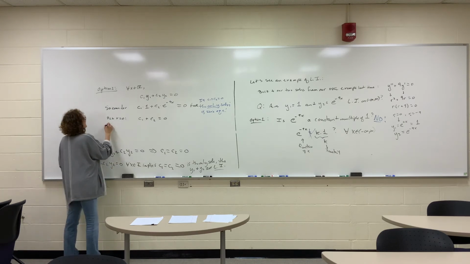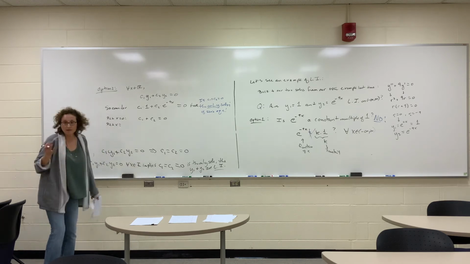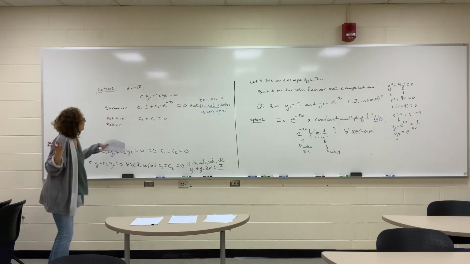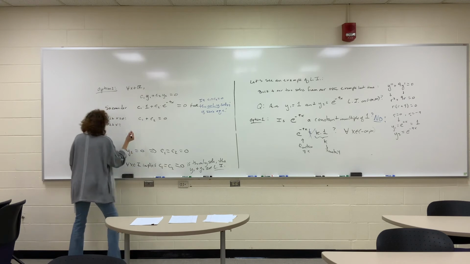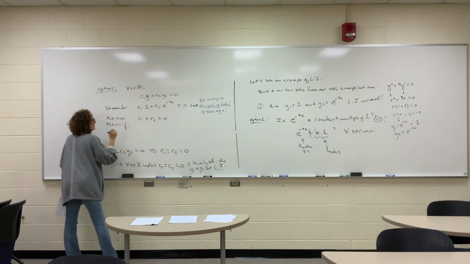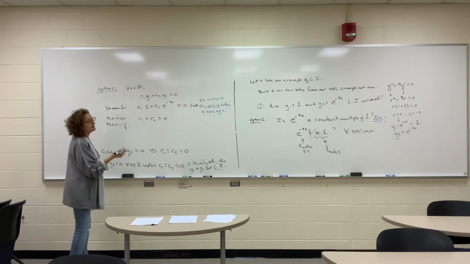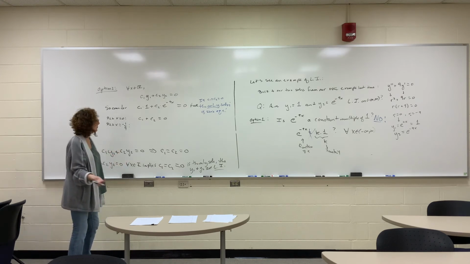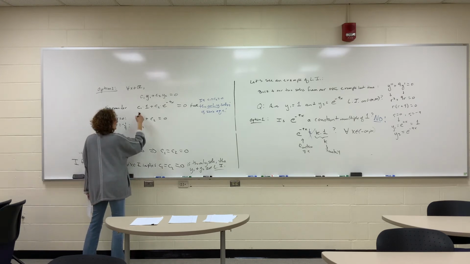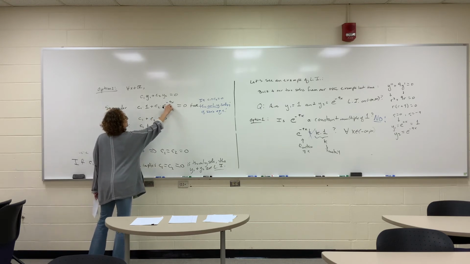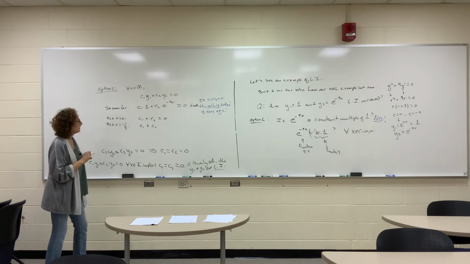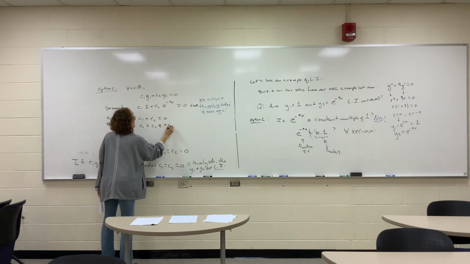And what's another easy x? Negative 1/9, just to make my life simpler. If x is negative 1/9, then what's the relationship between C1 and C2? C1 plus C2 times e to the negative 9 times negative 1/9, which is just e, has to be 0.